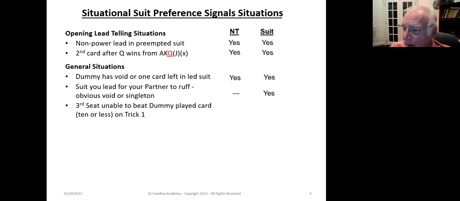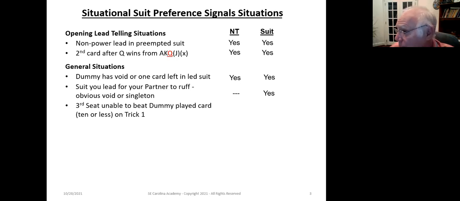One of the times that we change from an attitude signal on an opening lead to a suit preference signal is when we cannot beat the card that's played by the dummy. For example, your partner makes a development lead in spades against a suit contract, leads the 4, and the 10 gets played from the dummy, and you have nothing higher.